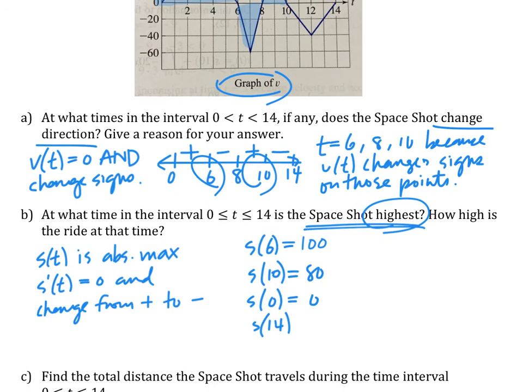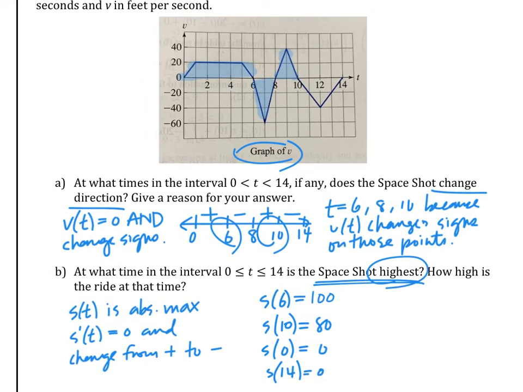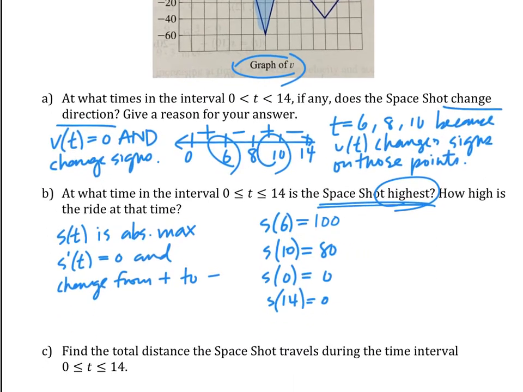S of 14 is also 0 because it actually did just go back to its initial position. We don't need to check S of 8 because that is a relative min, so that is not going to be a highest number at all.